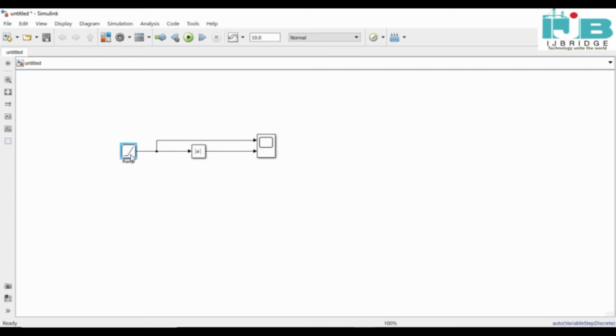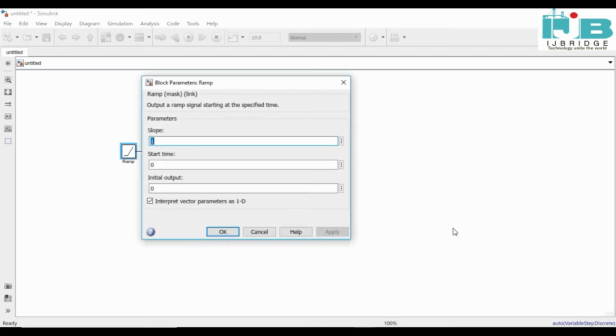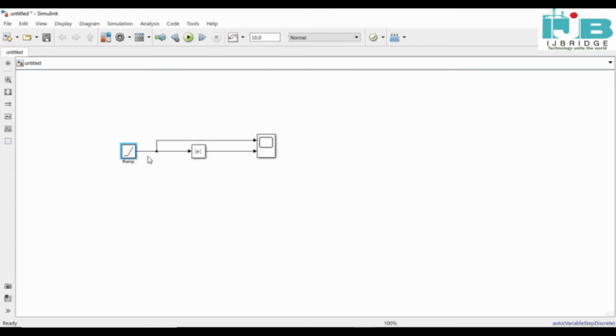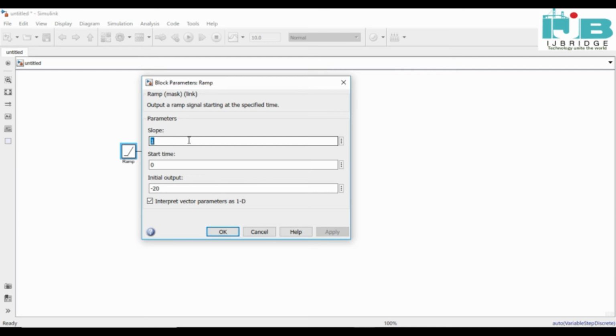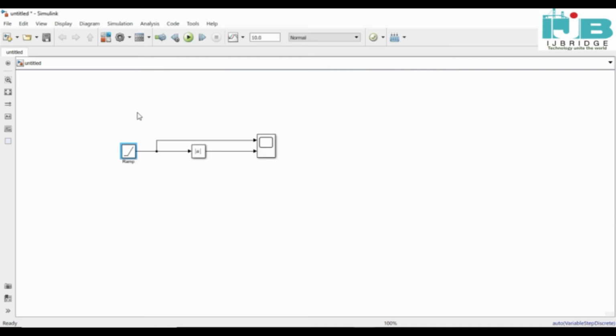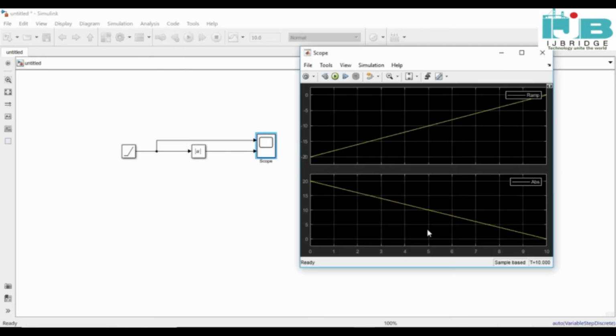We will check that also with a constant value, but with the signal, let us start with the initial value of -20, apply, and say OK. I'll increase the slope so that I'll also have some positive values. Let's see if this works, otherwise I'll have to increase the slope or the simulation time. So I'll run and check the output of the scope.